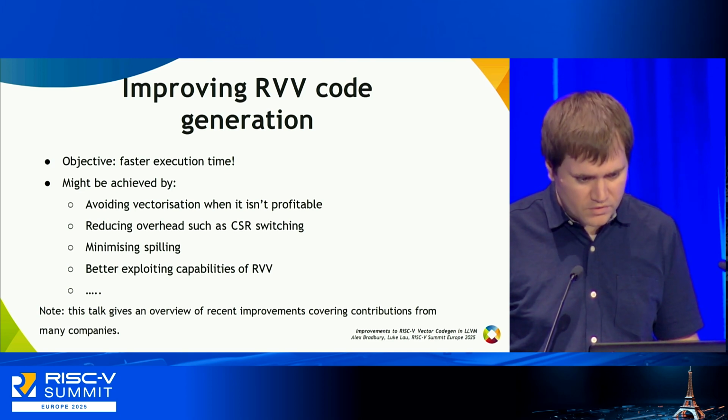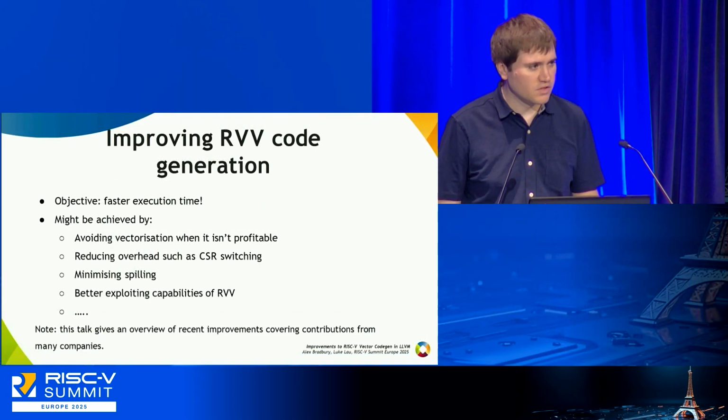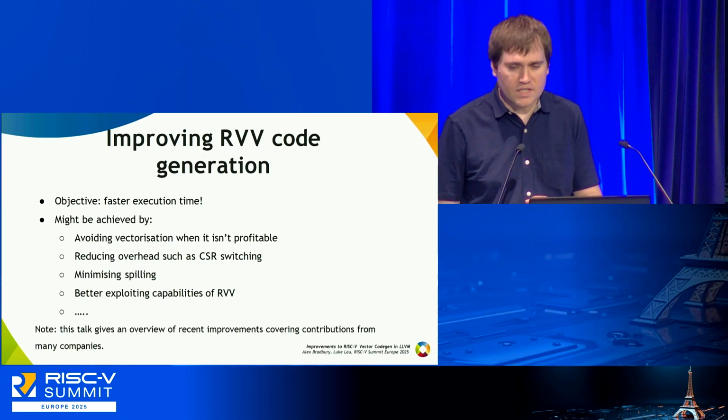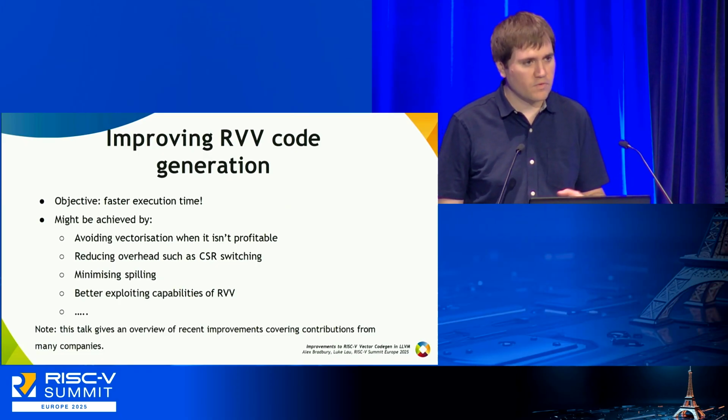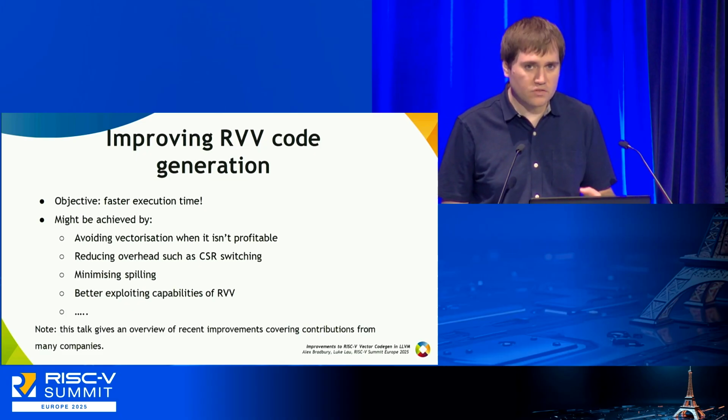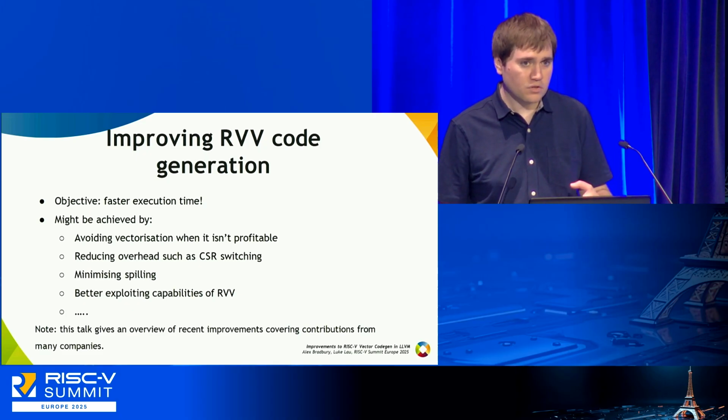And in terms of looping back to exploiting the capabilities of RVV, I was asked before this talk, is it more about autovectorization? Is it more about explicit vector code generation? And I think really it's often both, and they can be more related than you might first think. If the compiler is looking to vectorize a loop, and it's looking at the cost model, so how expensive it might be to execute the loop once you've vectorized it, sometimes it gets a very high cost and it chooses not to.